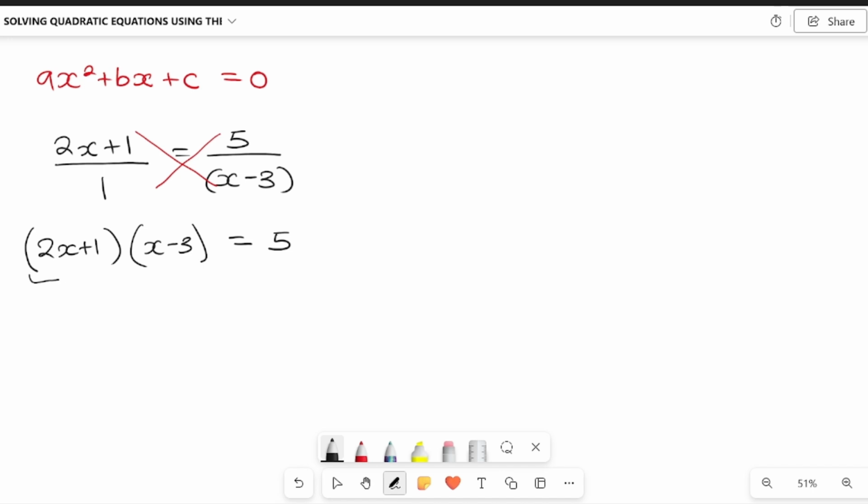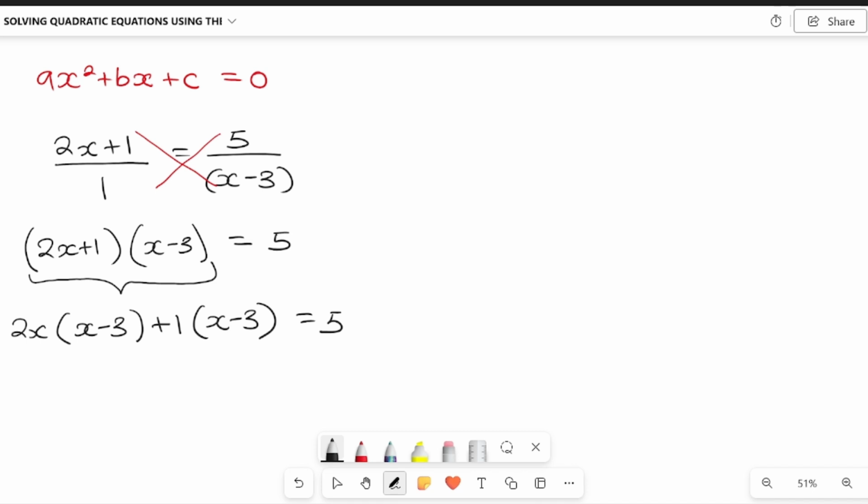Let's work out this part. We can do so by opening up the brackets. We'll have 2x into x minus 3 plus 1 into x minus 3 equals 5.